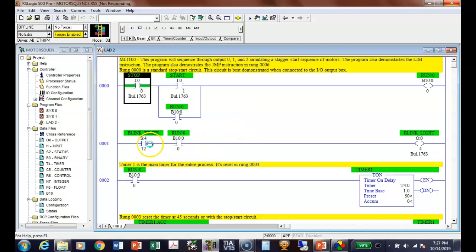So here, I'm using, is that restrictor? I'm using S4 bit 12.